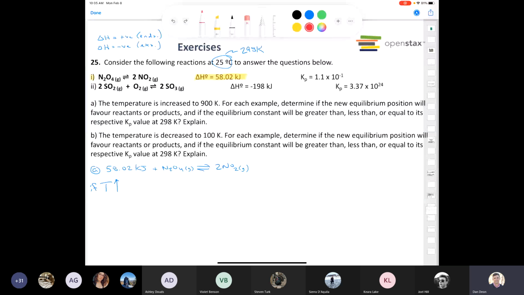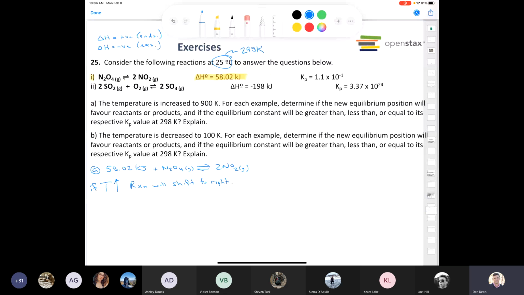So if the temperature is being cranked up, the Kp, and here's our Kp right there. Let's make it simple. The reaction will shift to the right side.